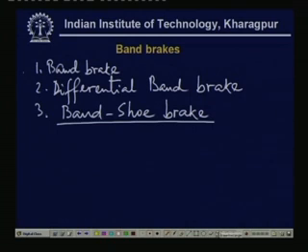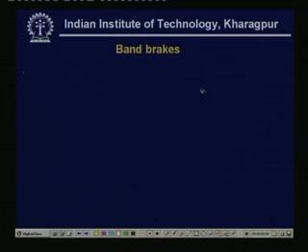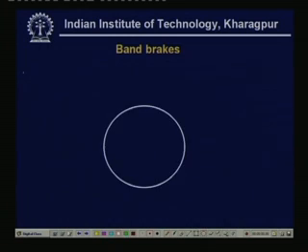Let me discuss it with one figure. So, we are now going to study this shoe band break. This is the drum, and there is a band over here.